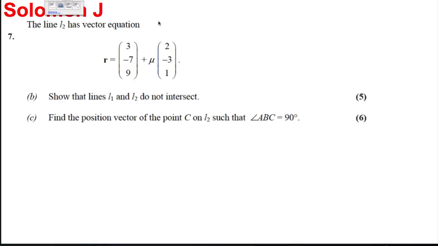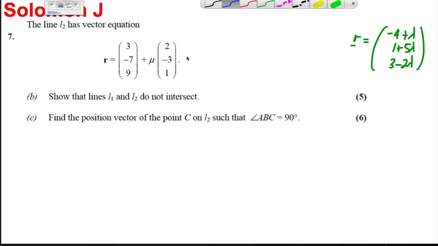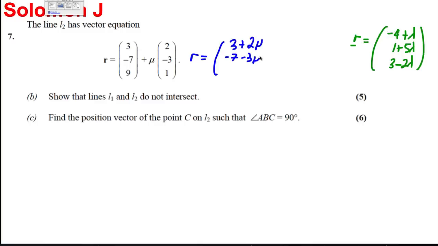Okay, then we are given a new line, and this has vector equation, if I combine it, r is equal to (3 + 2 mu, -7 - 3 mu, 9 + mu). And we're asked to show the lines don't intersect. So we're going to try and make these equal, and we're going to try and show that there are no solutions for this.